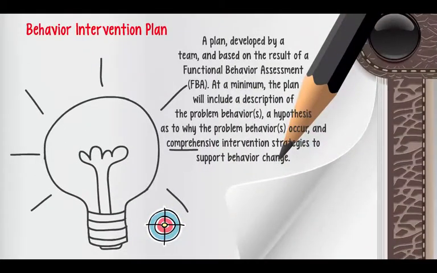Now, a behavior intervention plan, that's a term I'm going to use throughout this module. It's more neutral. The behavior intervention plan, by definition, is a plan that's developed by a team. And one of the things I want to underscore right here is team. And that involves the family.